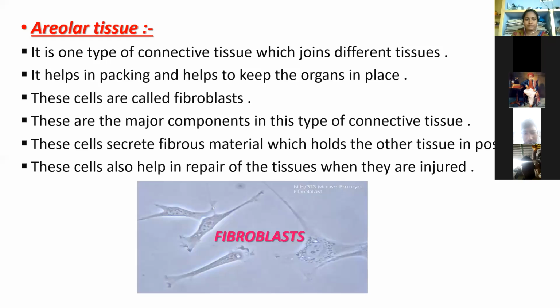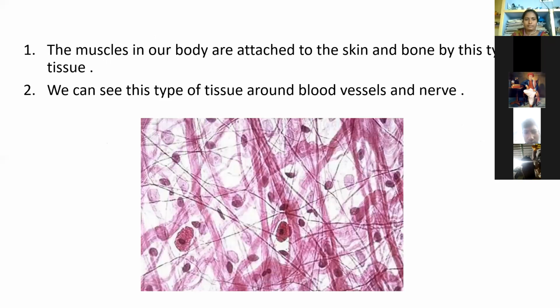Next. The muscles of our body are attached to the skin and bone.